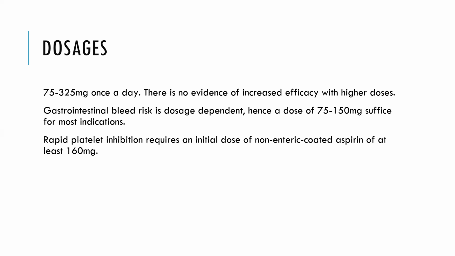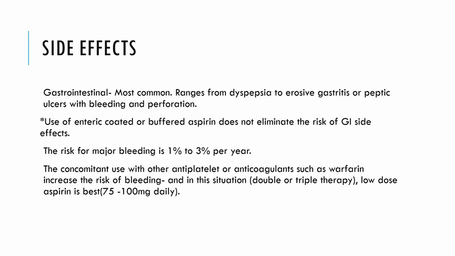activity. So the common side effect is GI, gastrointestinal, and it's dose dependent. By the time you use a low dose, you are sure that you are able to avoid such complications. Rapid platelet inhibition requires an initial dose of non-enteric coated aspirin of at least 160 milligrams per day.